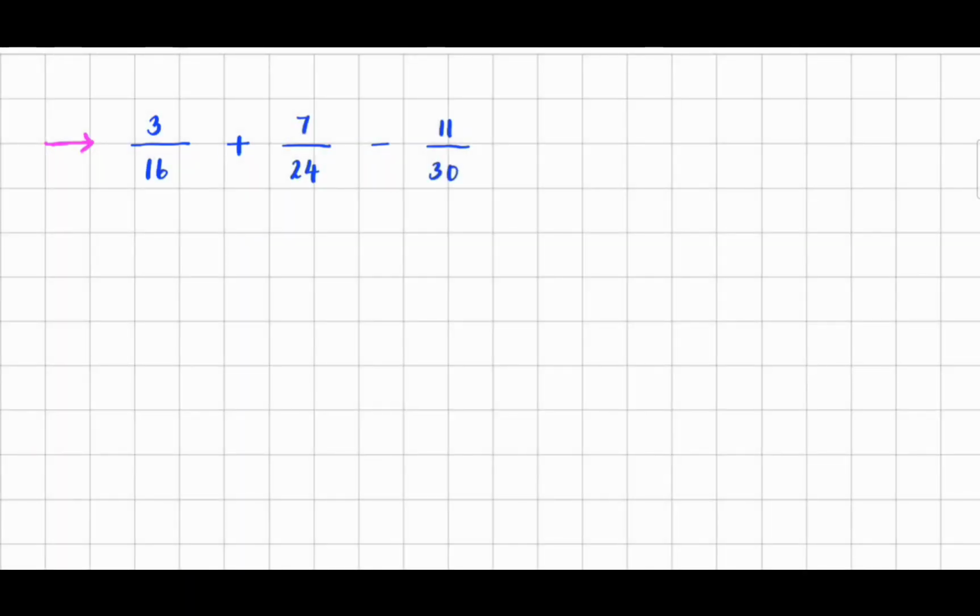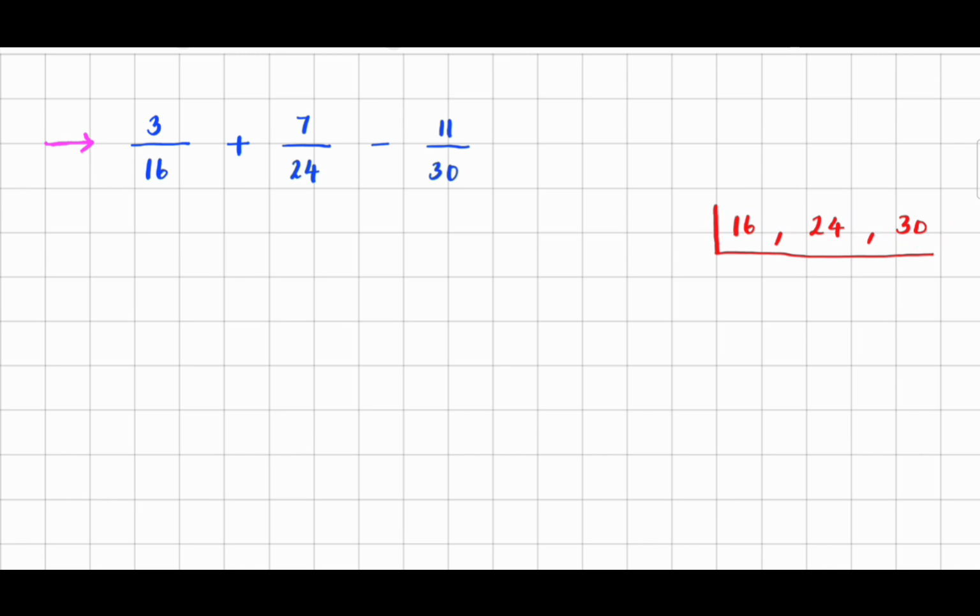Now let's try another one in the LCM method. The LCM method makes our calculation easy when we are dealing with bigger numbers and more than 2 rational numbers. So first write the denominators 16, 24 and 30 and make an L. Here we are going to think about prime numbers, any prime numbers that can go into 16, 24 and 30.